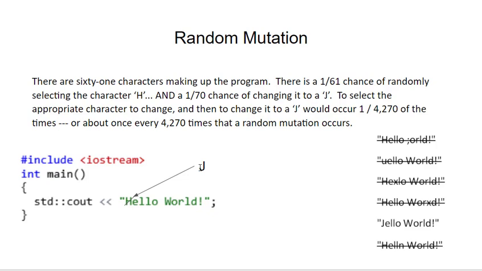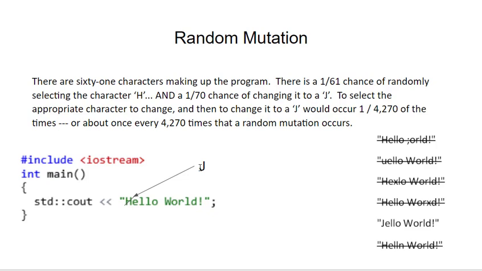And let's say that we have the output always checked by a spell checker. So if it passes the spell checker, it's allowed to live. So jello world would be fine. But if it was a mutation like lullo world, no such word, then it wouldn't be allowed to continue.